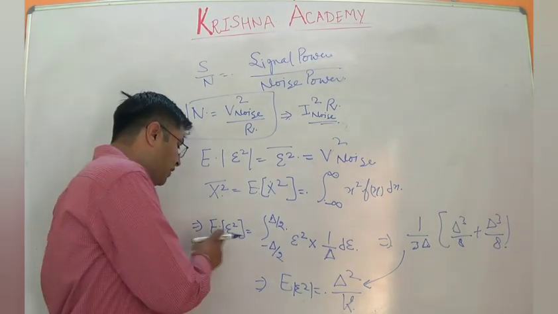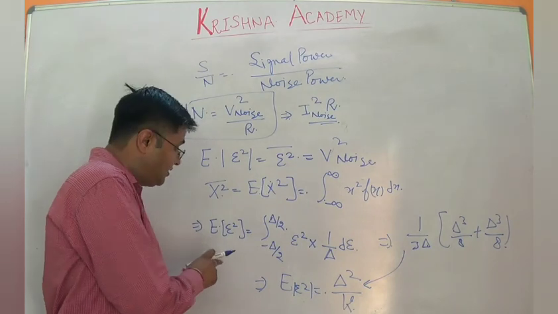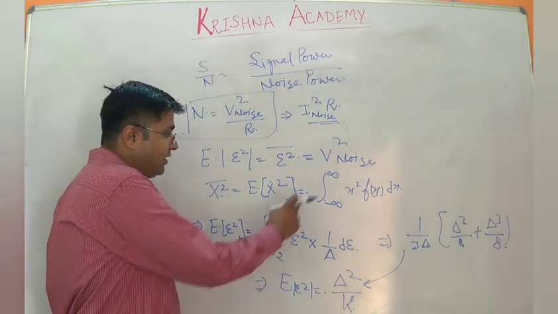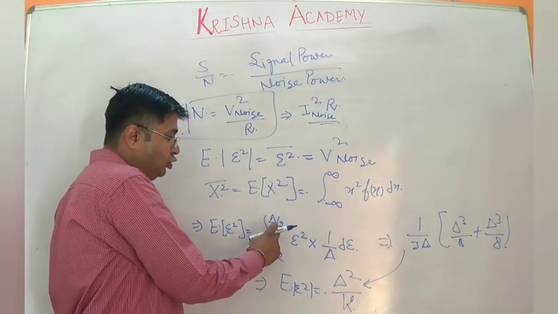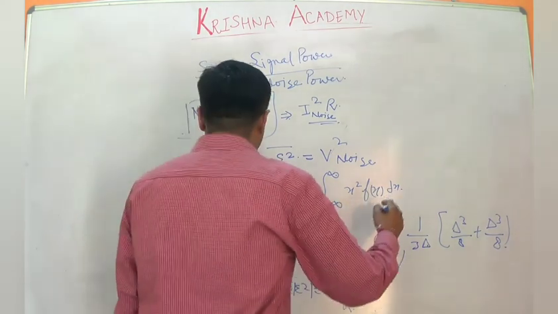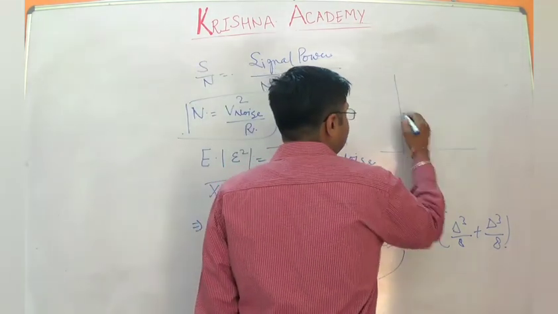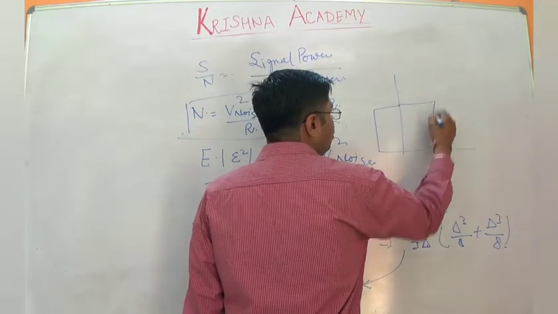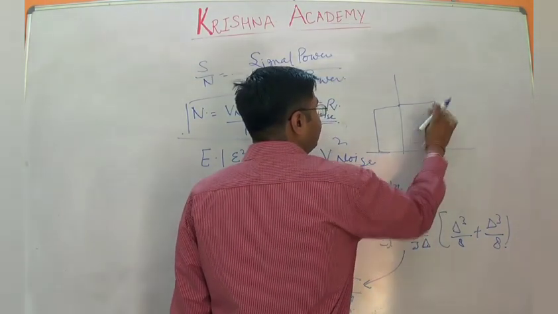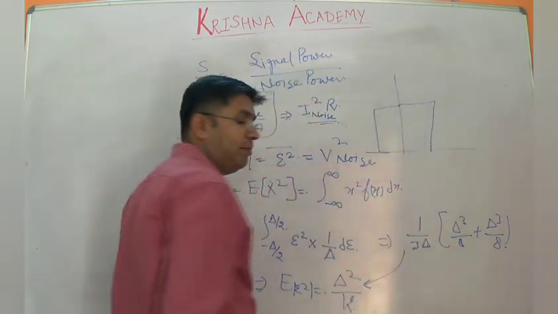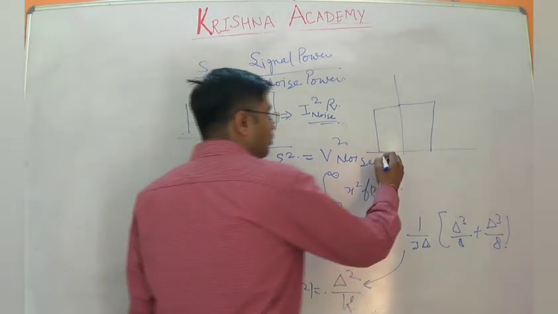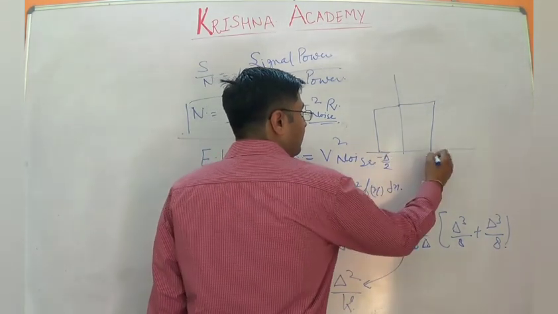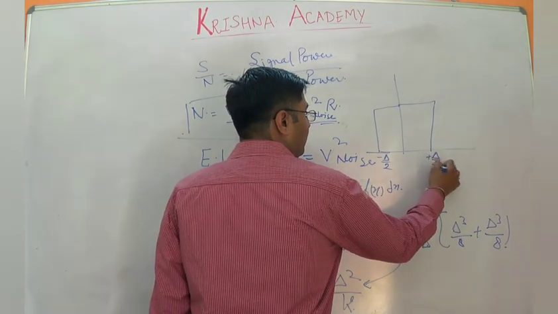Now if you want to calculate the quantization error part, the limit is minus delta by 2 to delta by 2, because we already understand that it falls in between two values over there, minus delta by 2 to delta by 2.